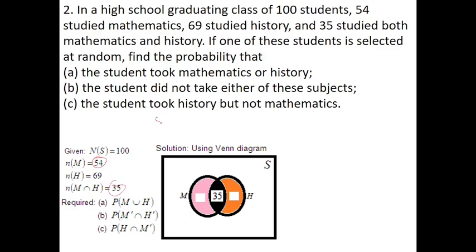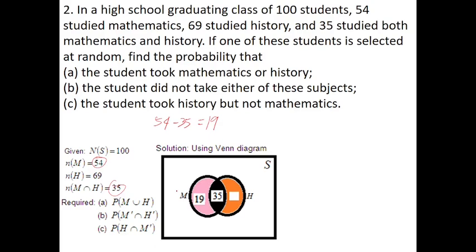So, what is 54 minus 35? Ang sagot ay 19. So, 19 yung nagtitake ng math lang. Math only, 19. Okay?